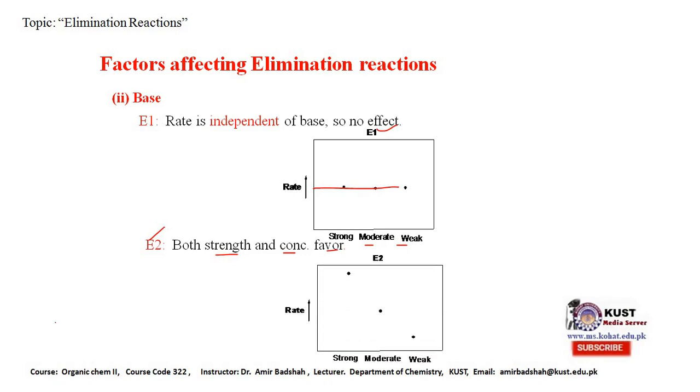So if you plot the rate against the strength of the base, for a strong one the rate will be more compared to the moderate, and for the moderate the rate will be more compared to the weak one. For a weak base the rate of E2 will be very less. So in summary, in E1 reaction the strength of the base has no effect, but for E2 both strength and concentration favor the E2 mechanism.